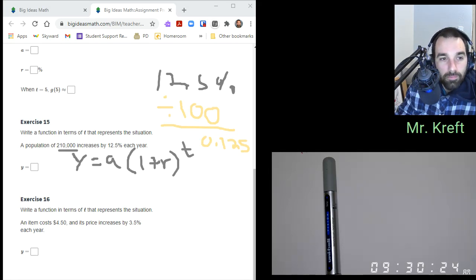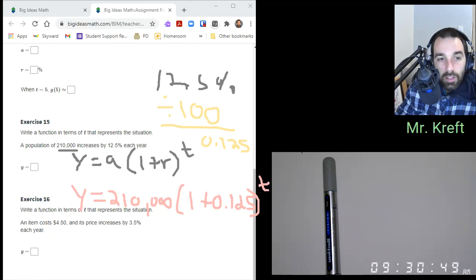So to write out my equation, I'm going to go, okay, so y equals, my a is going to be 210,000. And then 1 plus 0.125 to the t.